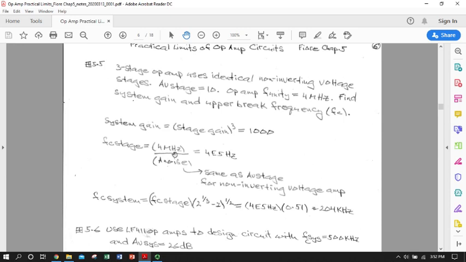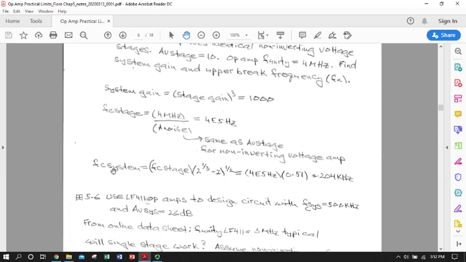So we're going to use our gain bandwidth. We're going to use A noise, which is the same as A stage because it's non-inverting, right? So 1 plus RF over RI is both the noise gain and the actual closed loop stage gain. So 4 megahertz divided by 10 is 4 times 10 to the 5th hertz, and that's our per stage gain.